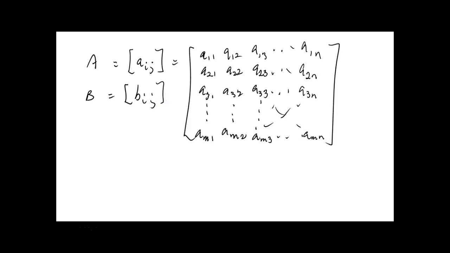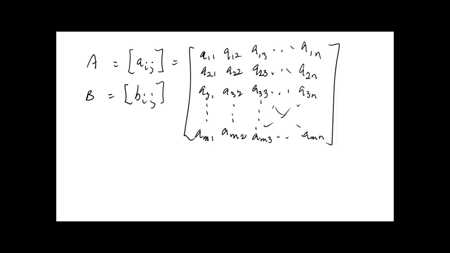Now, at least two things have to be true for those two matrices to be equal to each other. Number one, they've got to be the same size. They both got to be M by N's. One can't be an M by N, the other an N by P, with those being different numbers. Just can't happen that way. You would have some elements without anything to compare to.